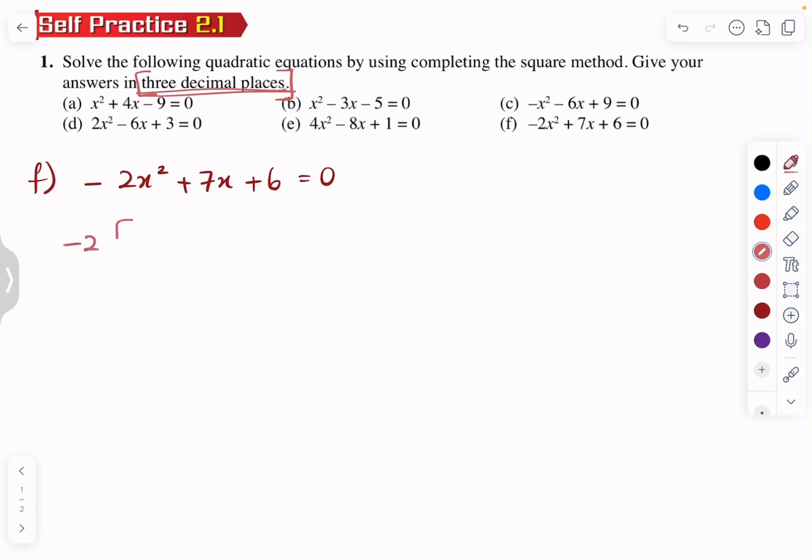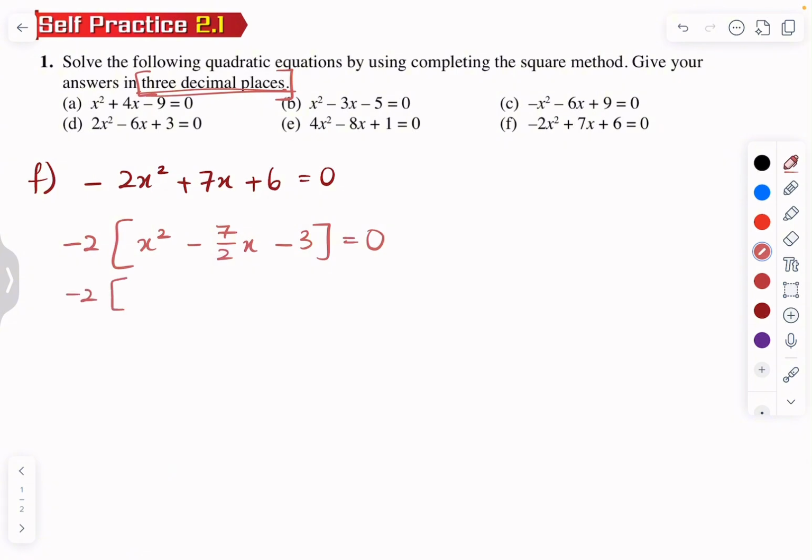So we take out negative 2 and all these terms we divide by negative 2. So the first term, this divided by negative 2, we get x squared. Second term, 7x divided by negative 2, we'll get negative 7 over 2 x. Then 6 divided by negative 2, we'll get negative 3.